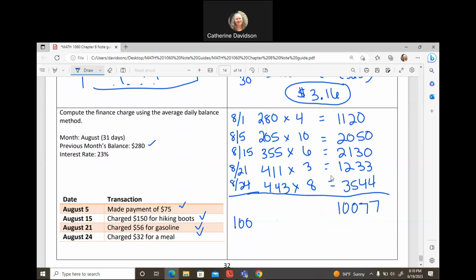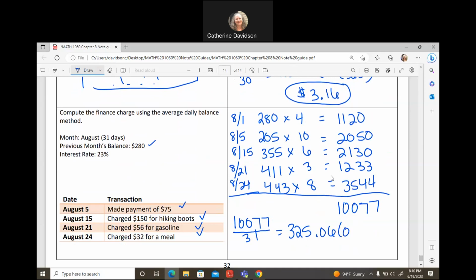All right, so that's all the daily balances added up together. So the average we would find by dividing by 31, which is $325.06.